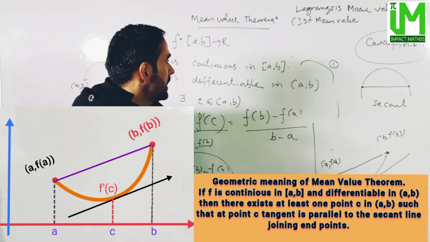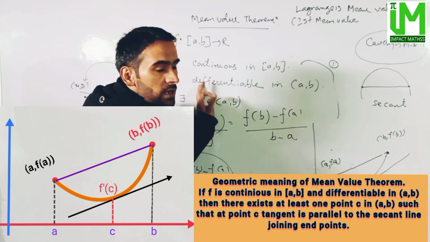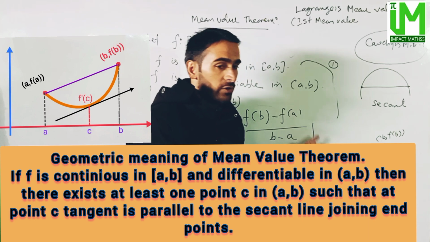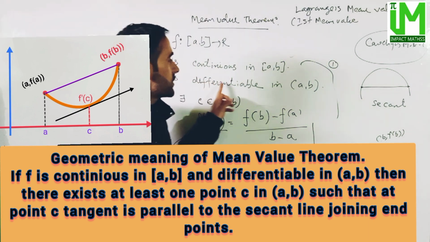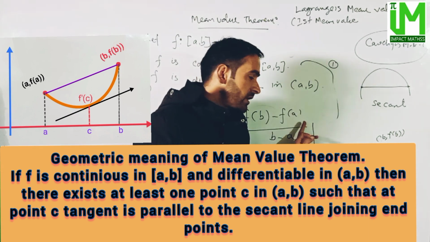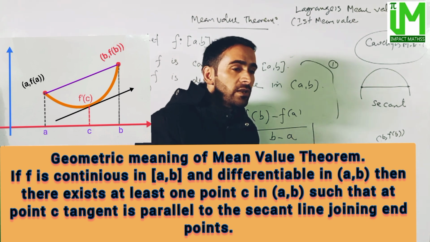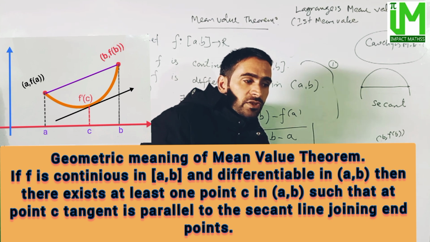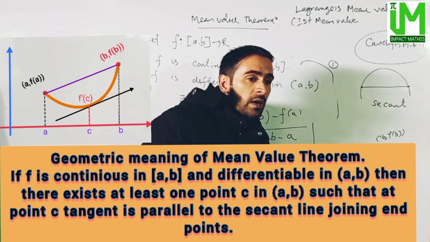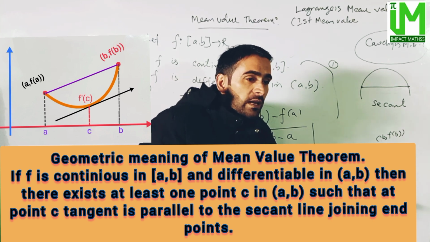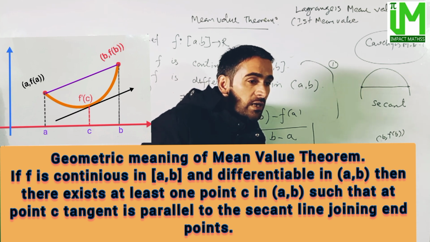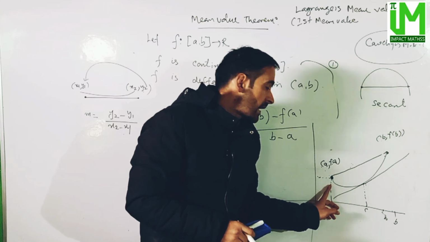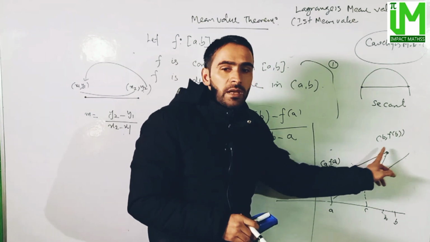So Lagrange's mean value theorem says: if f is continuous in the closed interval a, b, that is, the graph is continuous, and f is differentiable in the open interval a, b, that is, a tangent can be drawn at every point, then at least one point c exists such that the tangent at that point is parallel to the secant line joining the two end points of the graph, a, f of a and b, f of b.